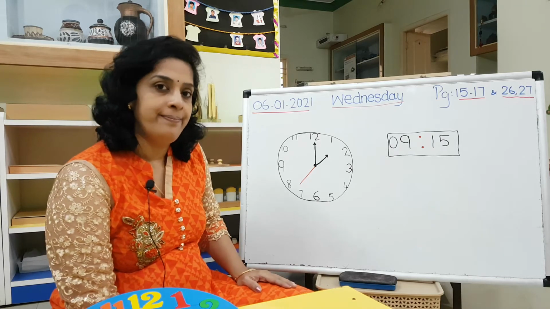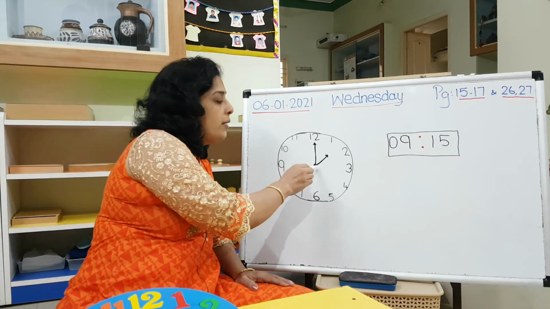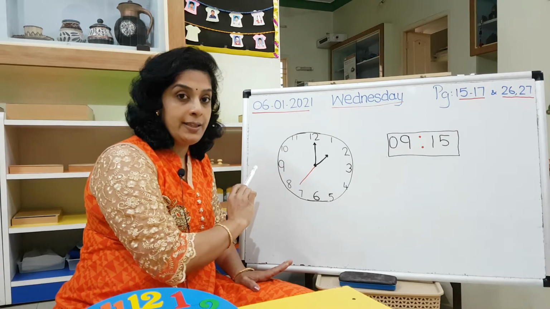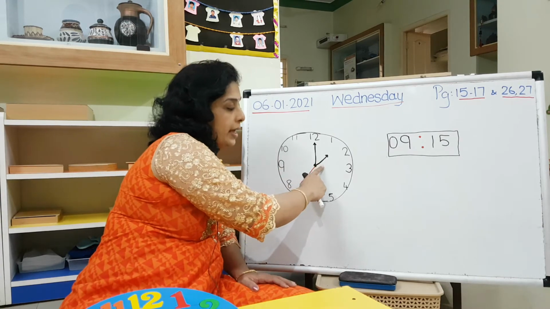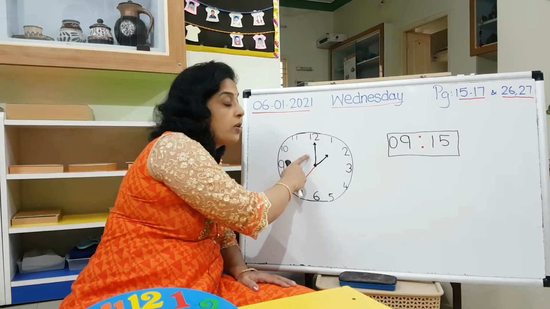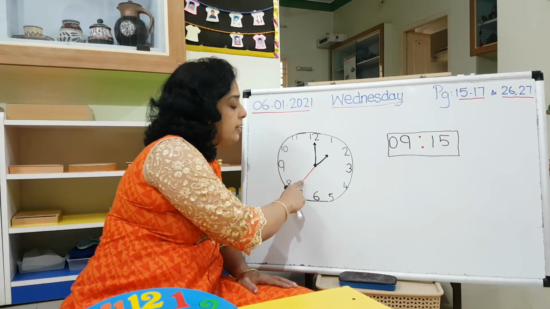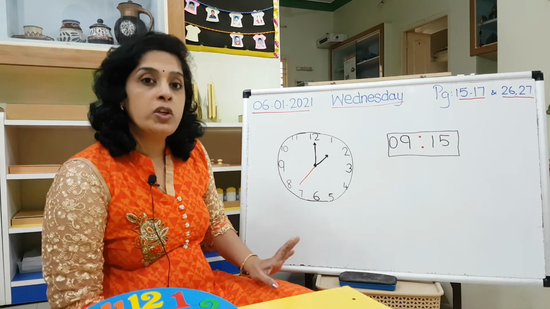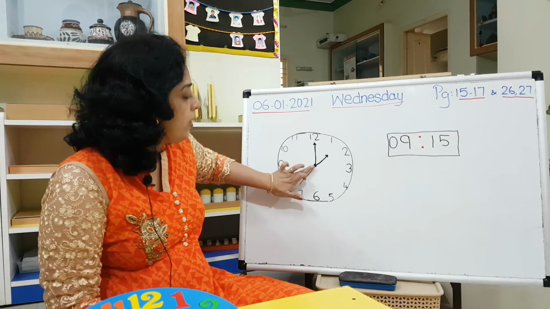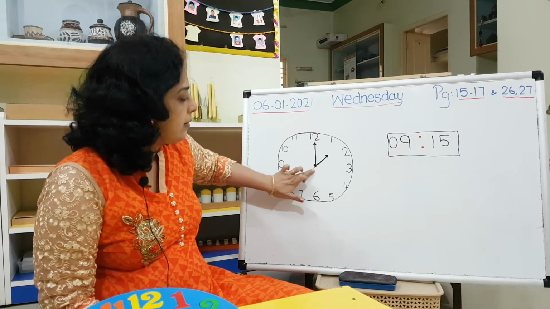Dial. So there are three hands. You can see three hands in it. 1, 2, 3. One is called the hour hand, the other is called the minute hand, and the other is called the second hand. Okay, in some watches and in some clocks you may not see this seconds hand.